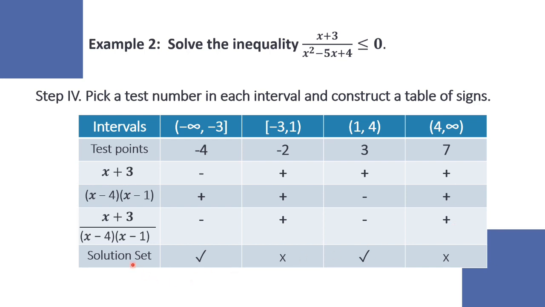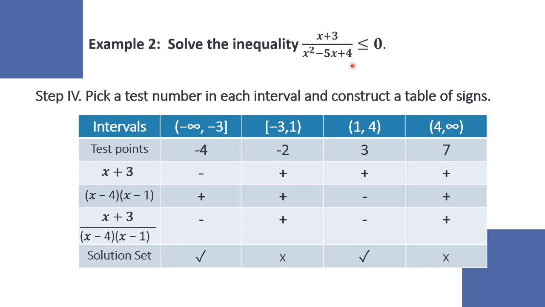Now, what is the solution set? How will you determine the intervals for the solution set? Let's focus on this one. The inequality here is less than or equal to 0. So what numbers are less than or equal to 0?